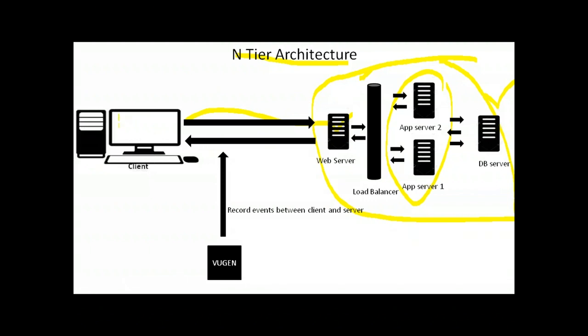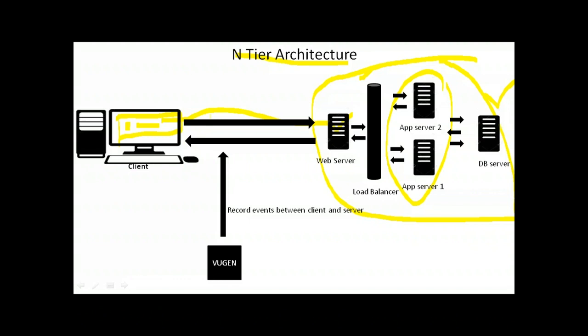Okay, if you are wondering whether the recording is happening on the screen, whatever you're doing on the screen, no, the recording is happening on the network level. So what is Vusion doing? Vusion is capturing the communication between client and server on the network level, or on the socket level.